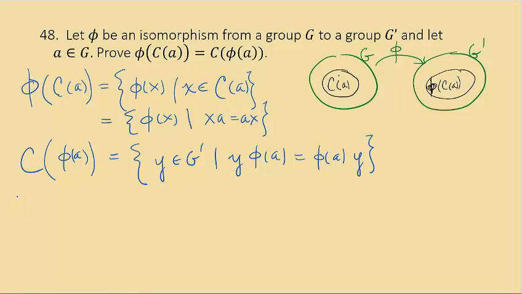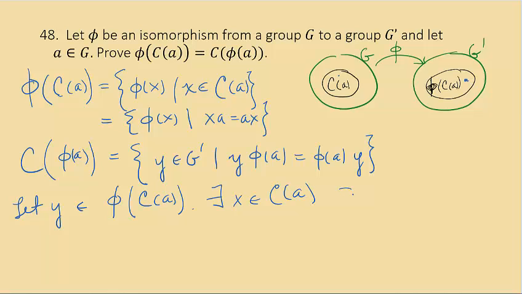So let's let y be in phi of the centralizer of A. Well, if y is in phi of the centralizer, that's over here, then we should be able to go back in G and say there exists an x in the centralizer of A such that phi of x is equal to y.